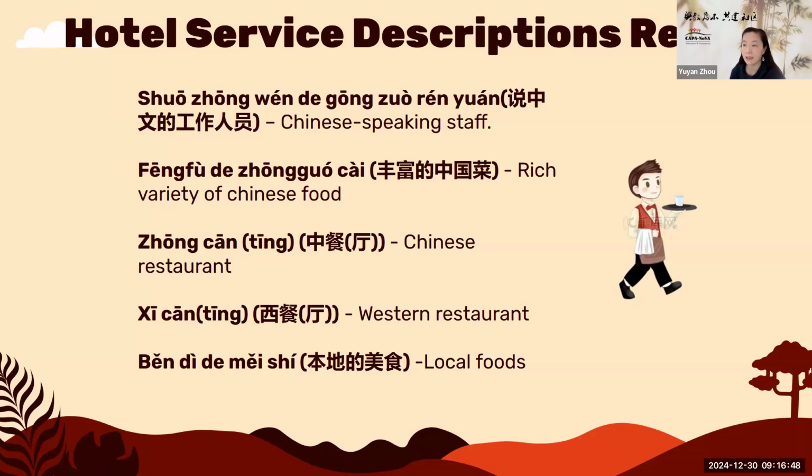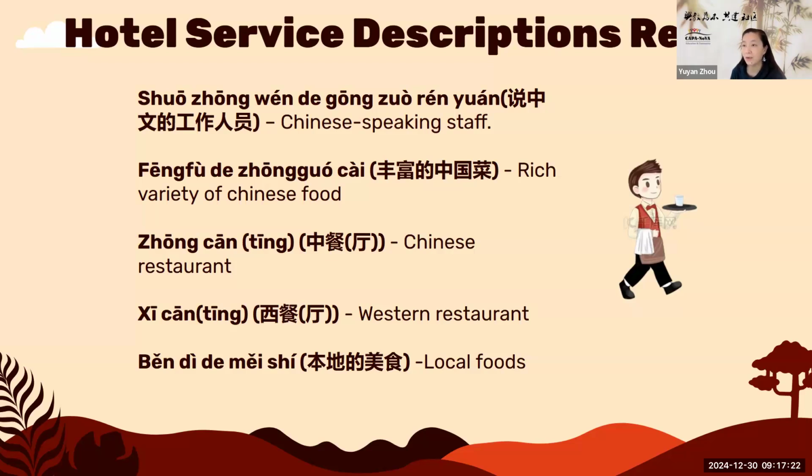So 厅 is somewhat similar to room, but on a larger scale. Think about 厅 as one of the large rooms in a building. So if you have a large hotel like Hilton, they have many different lobbies, different restaurants inside the hotel. You can use 厅 as a way to describe restaurant.